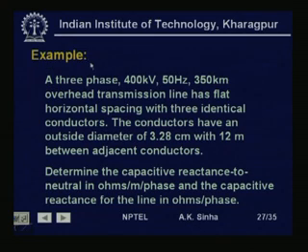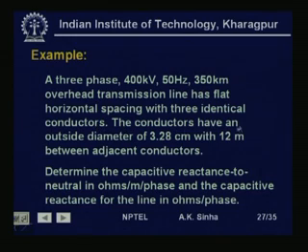In this example we have a 3-phase 400 kV 50 hertz 350 kilometer overhead transmission line that has a flat horizontal spacing with 3 identical conductors. That is, we have 3 identical conductors placed in a flat horizontal spacing.